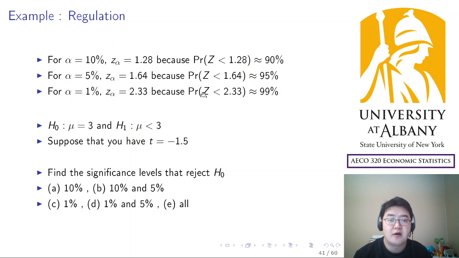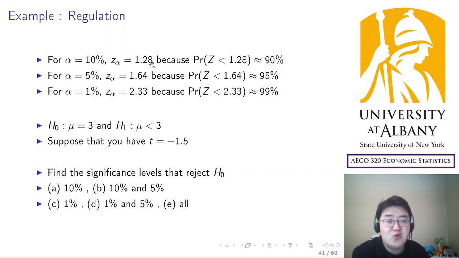Hello. I gave you this question at the end of the previous video. The t statistic was minus 1.5, and let's think one by one. If the significance level was 10%, the cutoff was 1.28.